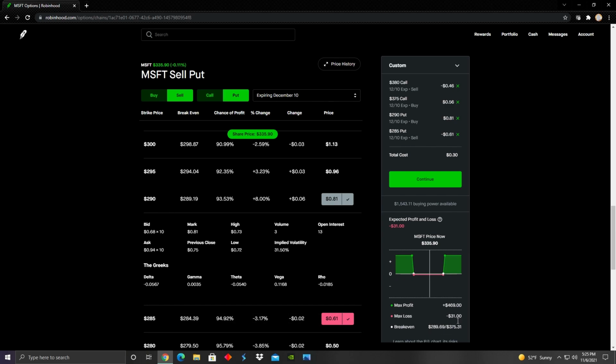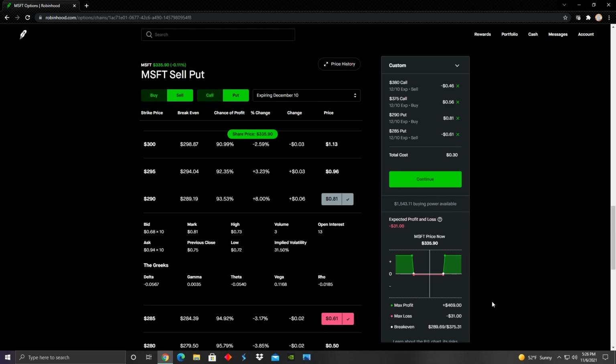And the reason why that is because if the share price drops 31 cents below the strike price of 290, then we make $31. And since we spent $31 in order to open this up, that would be our break even price. And so everything after that 31 cent drop would be an extra $1 of profit that we experienced from our max profit of $469.